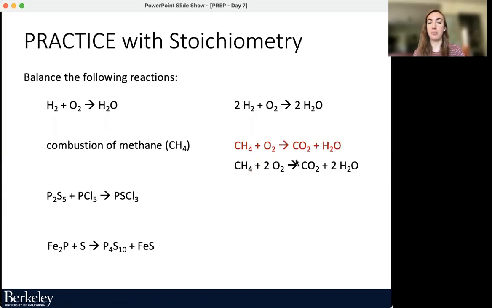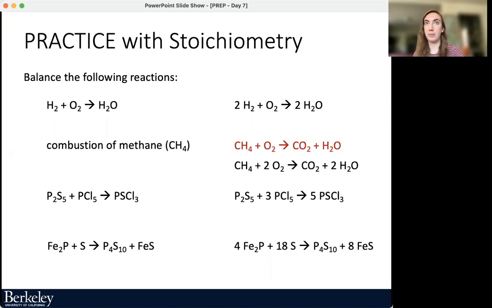For this reaction here, we end up with P2S5 plus 3 PCl5 goes to 5 PSCl3. And then for the last one, we end up with 4 Fe2P plus 18 S goes to P4S10 plus 8 FeS.